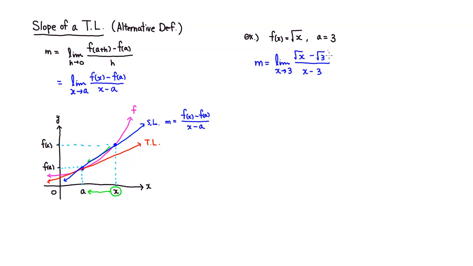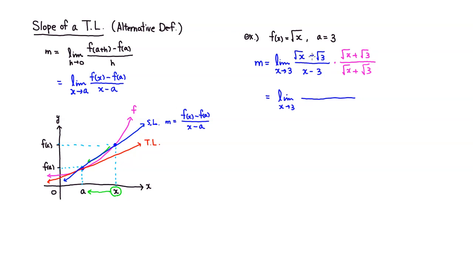The trick was we multiply top and bottom by square root of x plus square root of 3, the same thing to the bottom. Let's multiply it out. You have the limit as x approaches 3, and since we have a minus b times a plus b, you get a squared minus b squared.